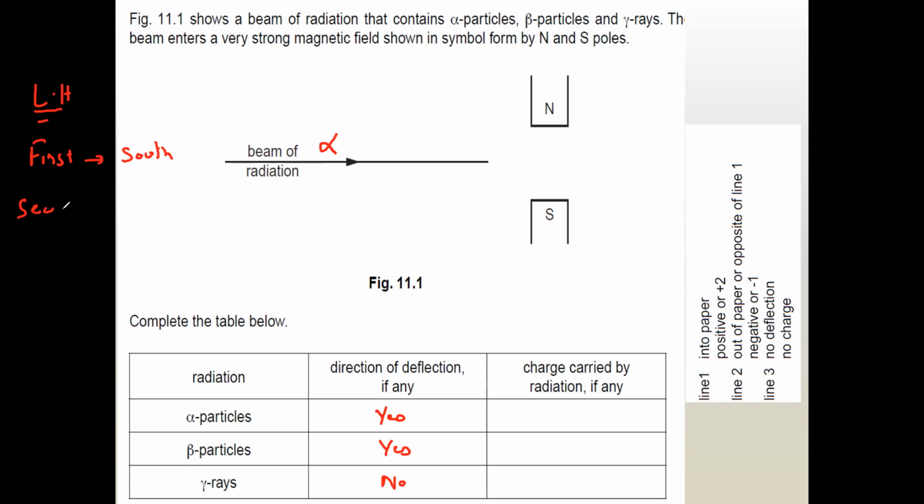Your second finger represents the direction of the alpha particle, and your thumb will point towards the force or the deflection, the direction in which it will deviate, that is into the paper. And as I mentioned, if alpha is up, beta will be down. If alpha is down, beta will be up. If alpha is into, beta will be out of the page.